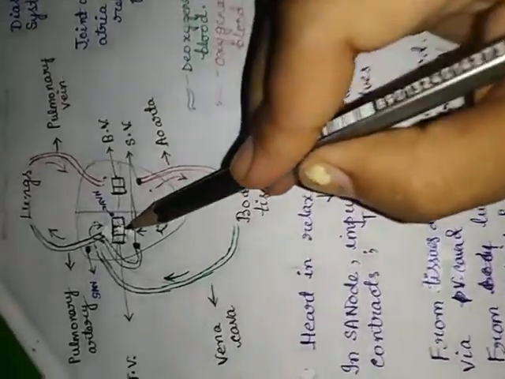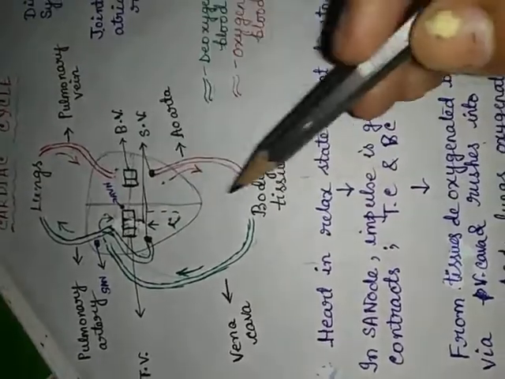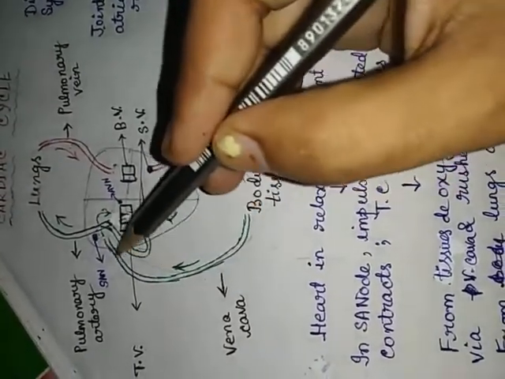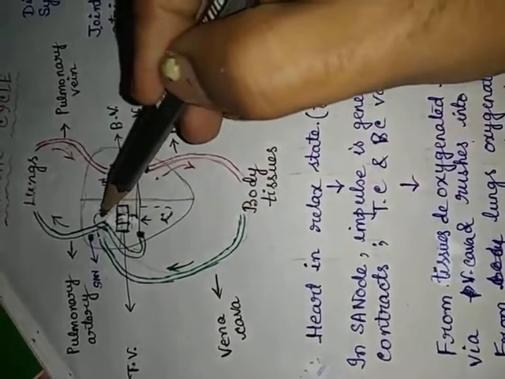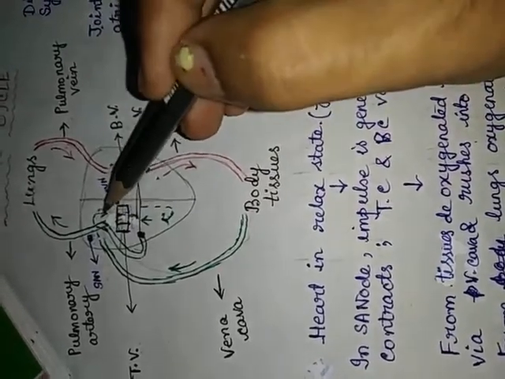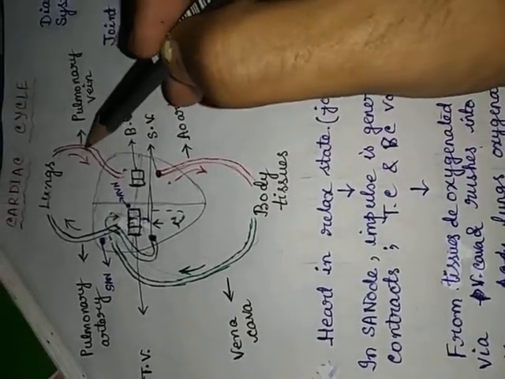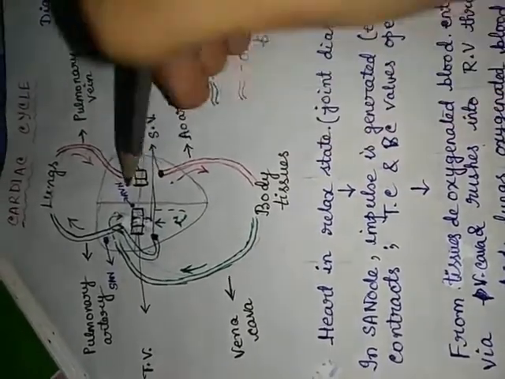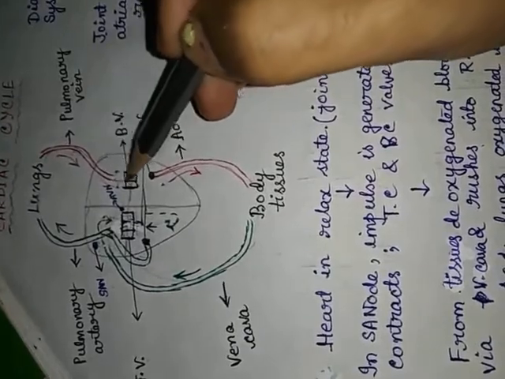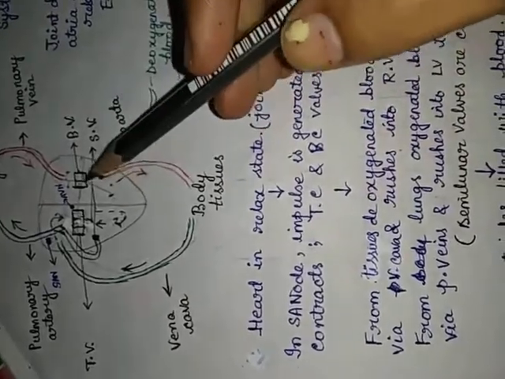Because the bicuspid and tricuspid valves are both open, so blood goes through this pathway, enters here, and as this valve is open, it directly rushes into this chamber. Similarly, from the lungs, oxygenated blood enters this chamber first. As this valve is open, it directly comes into this chamber, meaning both the ventricles now become filled with blood.